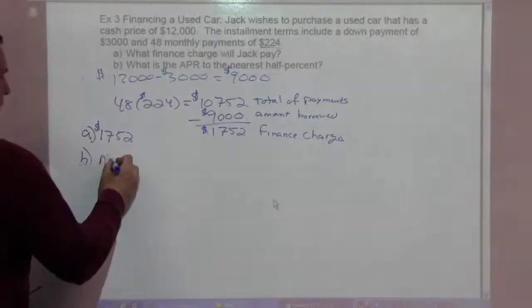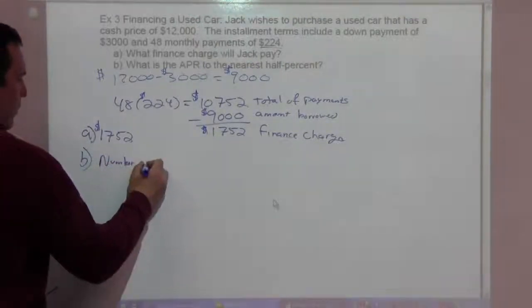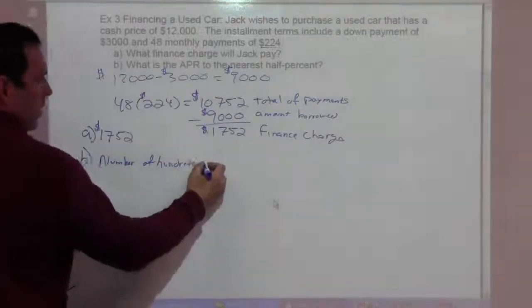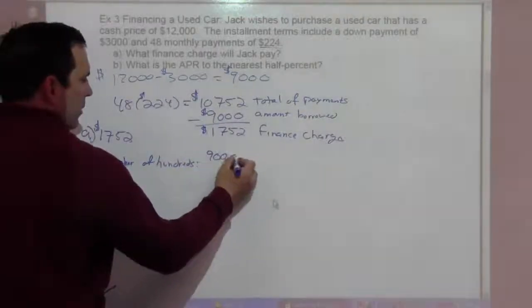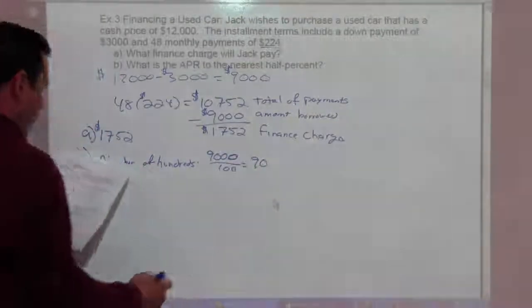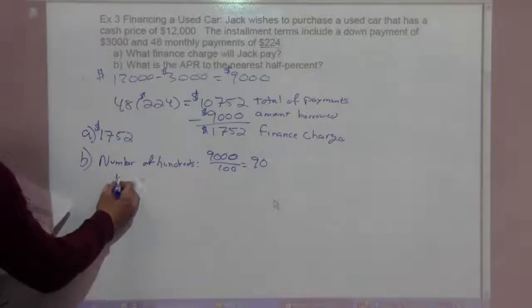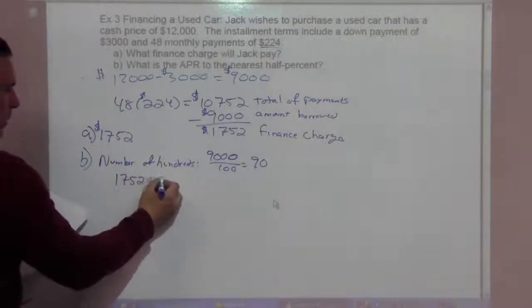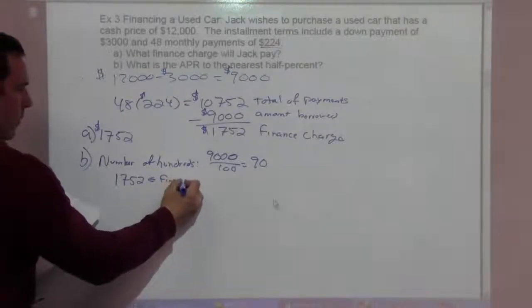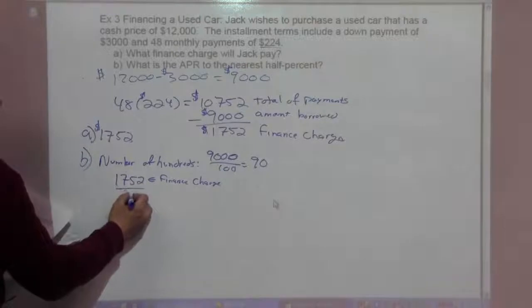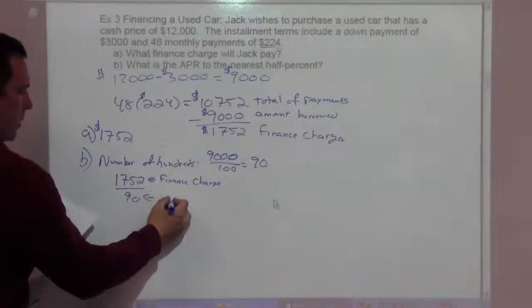So the number of hundreds is what? Number of hundreds borrowed is 9,000 divided by 100, which is 90 hundreds. We take that 1752, the finance charge, and divide that by 90, the number of hundreds.